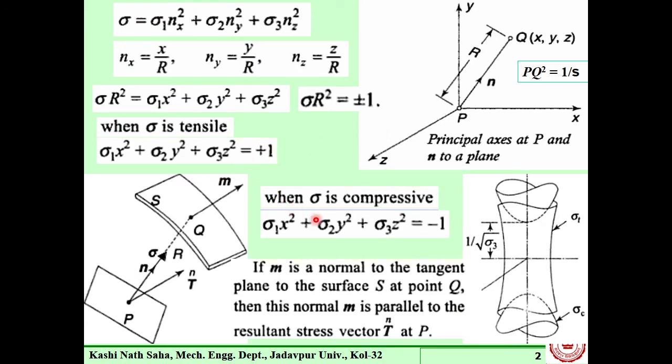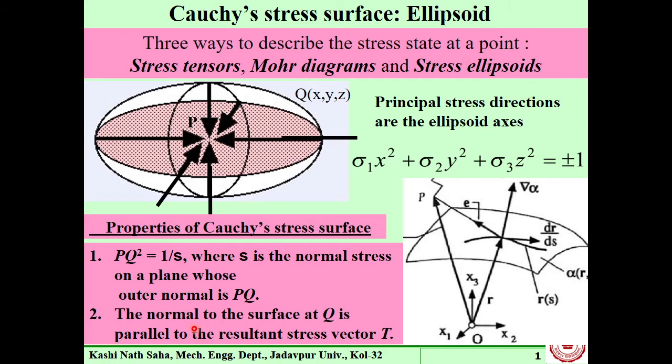So then what remains is this second statement, whether they are parallel or not. That is what we have to observe. We know how to find out direction cosine of the outer normal at point Q. We also know that here we have a resultant stress vector for this particular value of sigma, and that traction vector T has components Tx, Ty, Tz, these things we also know.